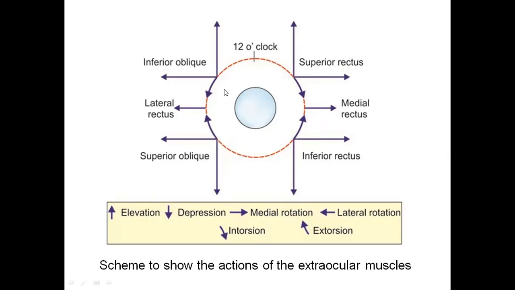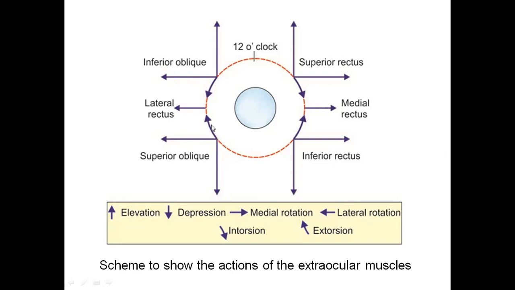Okay. Then when you talk about inferior oblique, it brings about elevation, which is shown in this arrow, and also it is bringing about lateral rotation. When you talk about lateral rectus, it brings about lateral rotation. When you talk about superior oblique, it brings about depression and also lateral rotation.